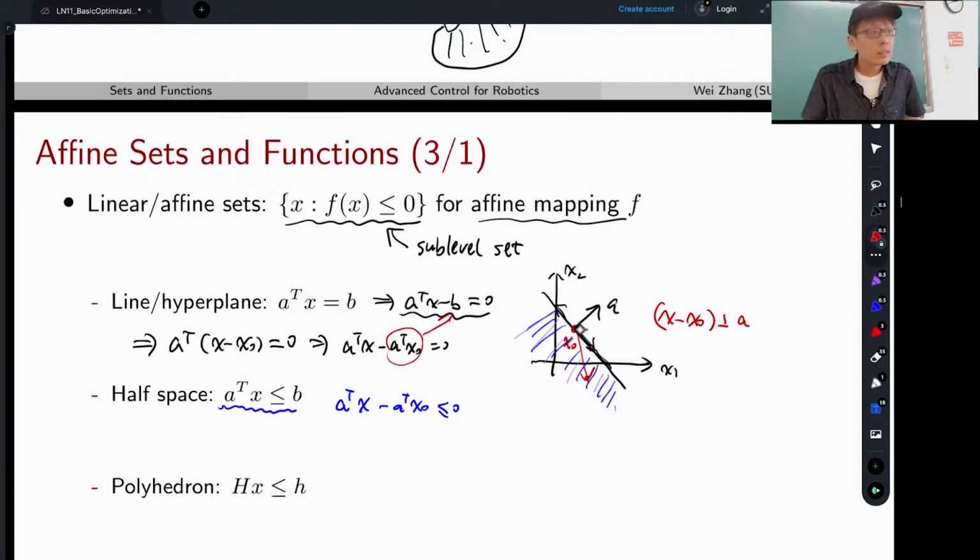Less than 0, so that's this part, or bigger than 0, the other part. So when you see a figure, you think about what the equation means. Typically the equation should connect to geometry.